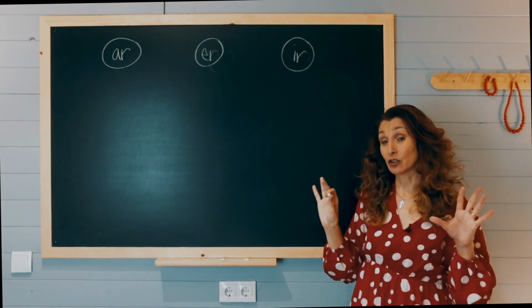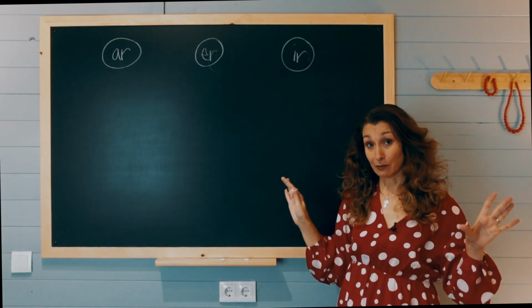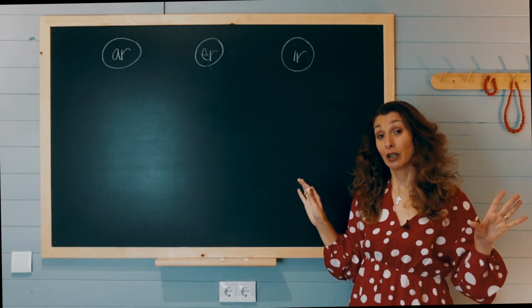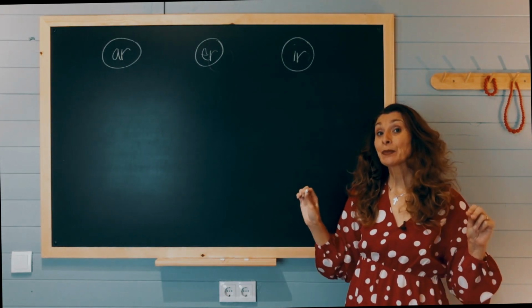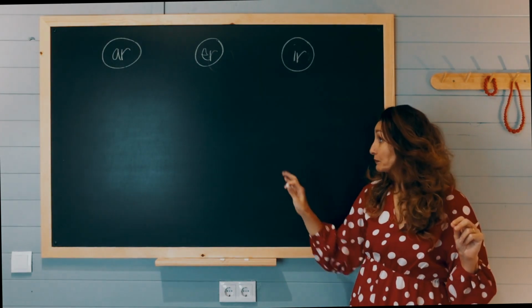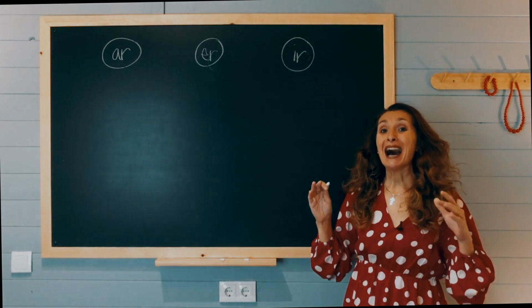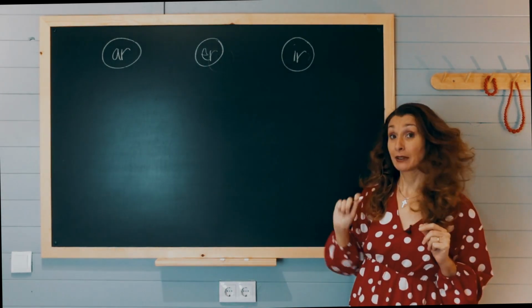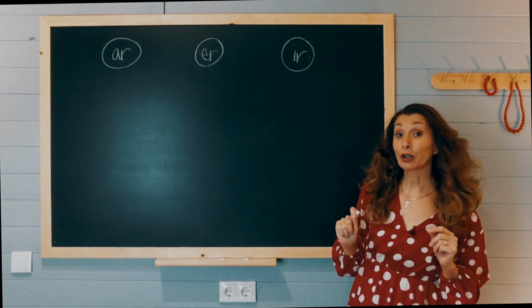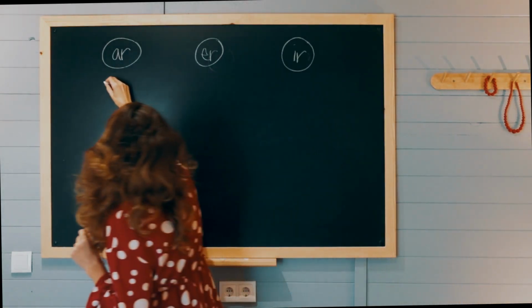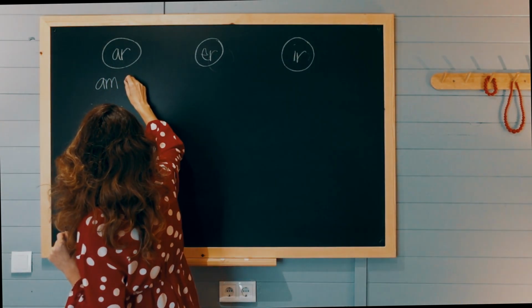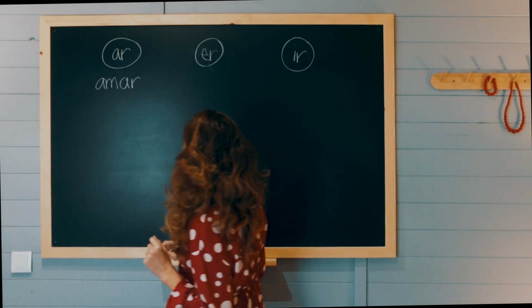Keep in mind this is just present tense, present simple, or as Spanish call it, presente indicativo, okay? So let's say a verb amar, to love. That's a verb belonging to the first conjugation, okay? So we have amar, okay?